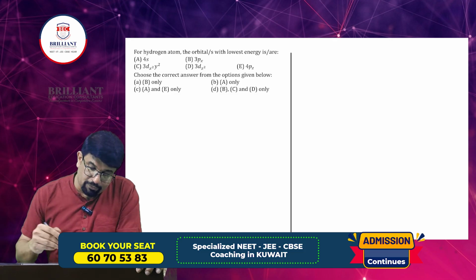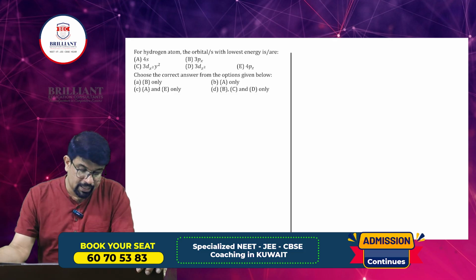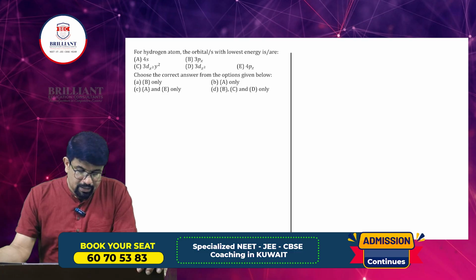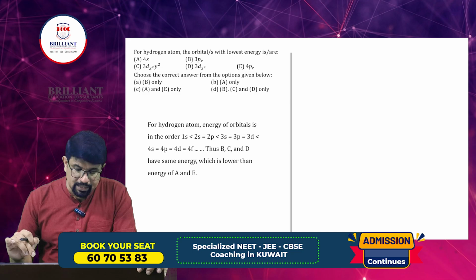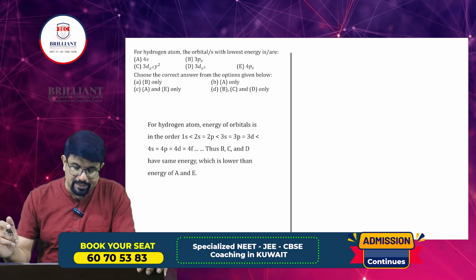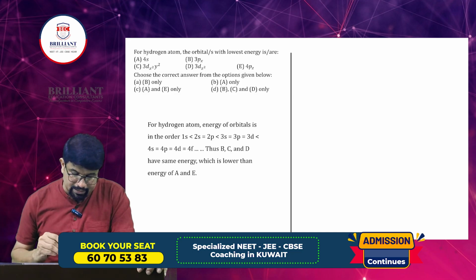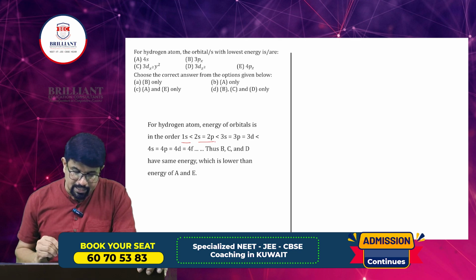Choose the correct answer from the options given below, right? Here, in the case of hydrogen, we are mainly discussing the energy levels: first energy level, second energy level, third energy level, like that. In the first energy level 1s is there. In the second energy level 2s and 2p are there. Third energy level 3s, 3p and 3d. And fourth energy level 4s, 4p, 4d and 4f are there, right?